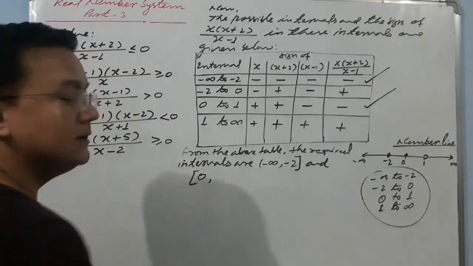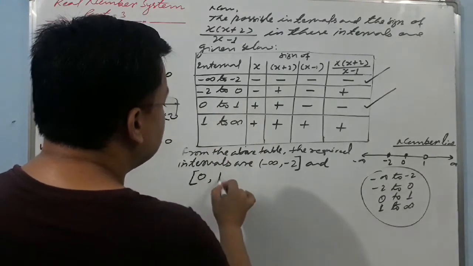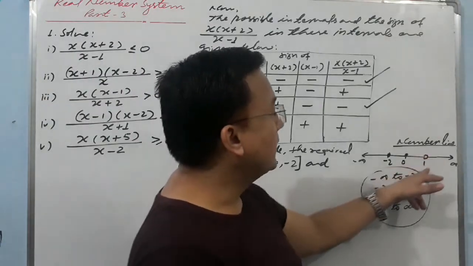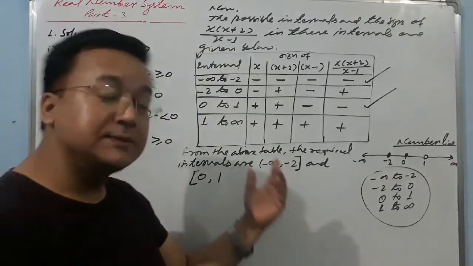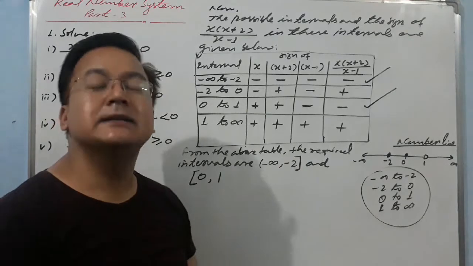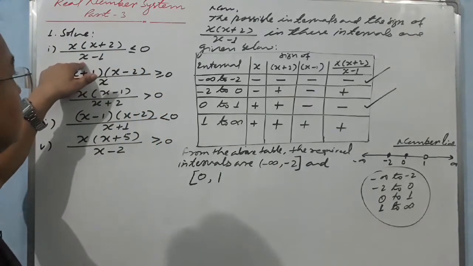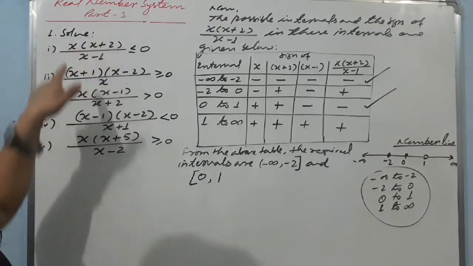So you need to take the square bracket, comma, and now we have 1. At x is equal to 1, I have made an empty circle. An empty circle means your left hand side is not defined at x is equal to 1. So you can see your left hand side is not defined at x is equal to 1, so we can't include 1 in this solution.